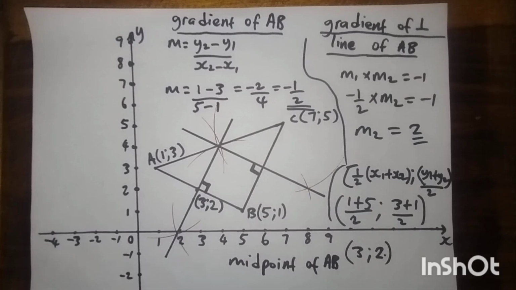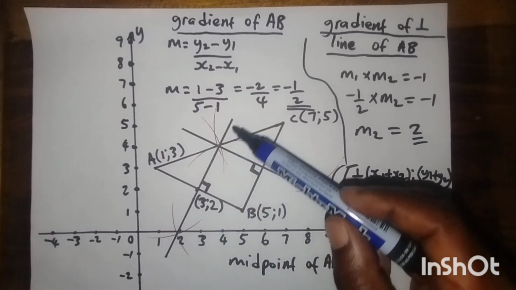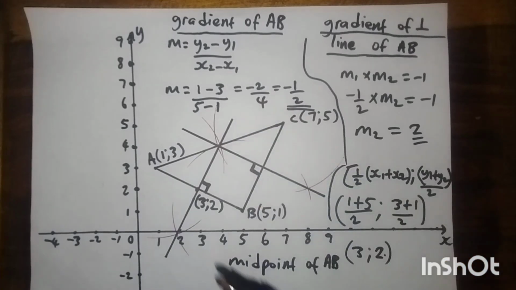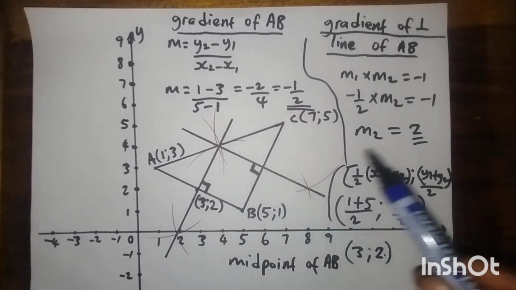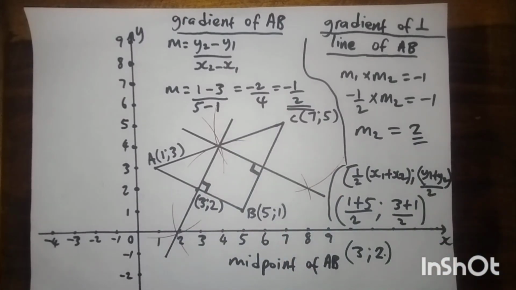So now let us proceed and find the equation of this perpendicular bisector of AB. So we now know that this point is (3, 2). Okay, and we know that the gradient of this line is 2. So I'm going to use y equals mx plus c to find the equation of the perpendicular bisector of AB.